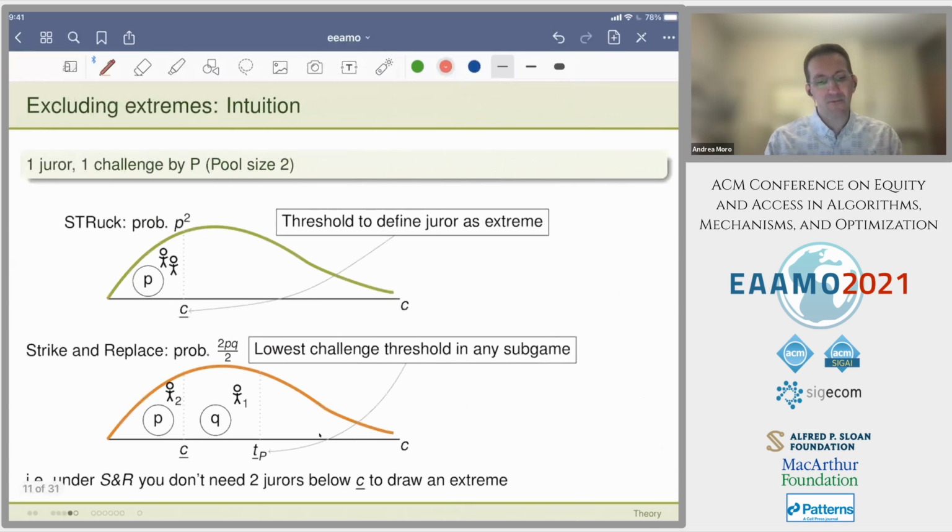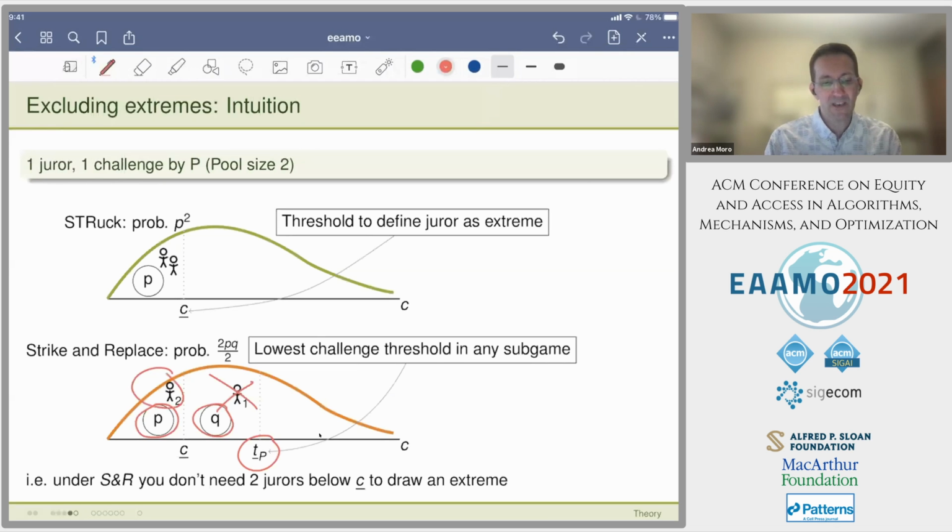Under strike and replace, instead, we might have a situation in which there are 2 jurors. One is extreme under the same definition. One is not so extreme, but has a conviction probability below the threshold for the prosecution. In that case, if juror number 1 is presented first, the prosecutor will challenge this juror, and then juror number 2 will be seated on the jury.